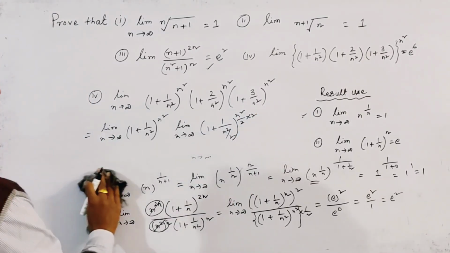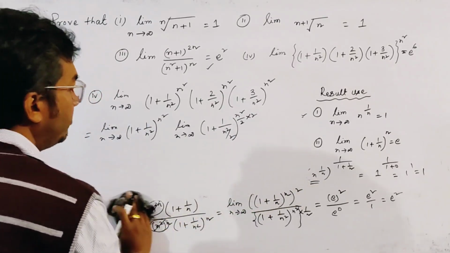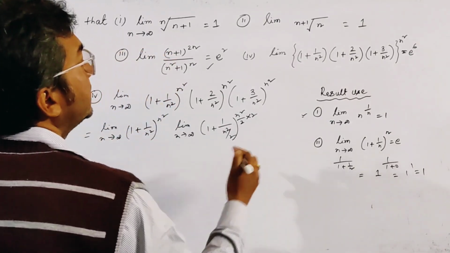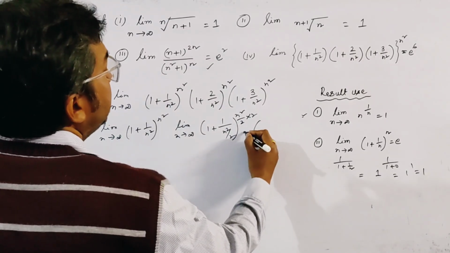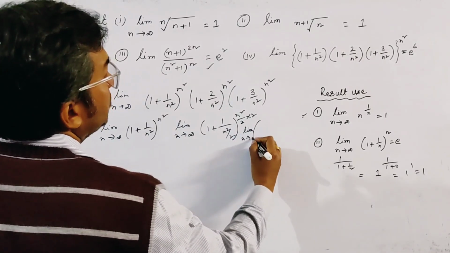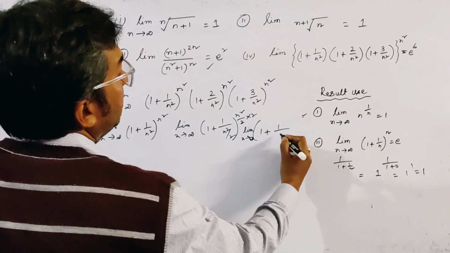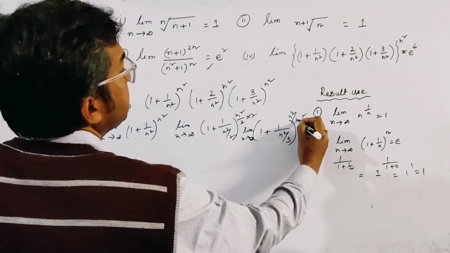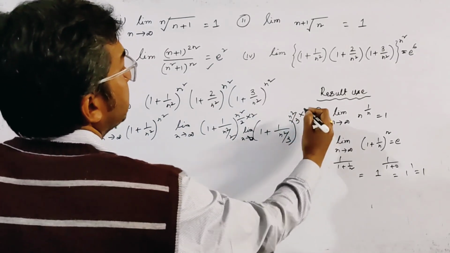For the third portion, we directly write the result: limit n tends to infinity, 1 plus 1 by n square by 3, to the power n square by 3 into 3.